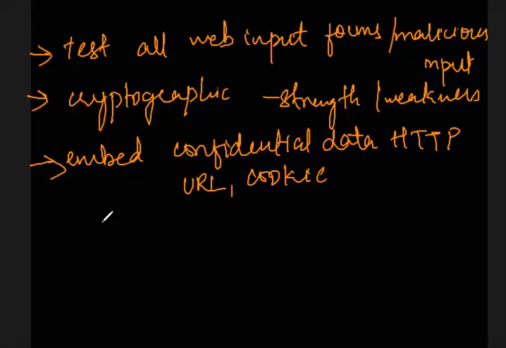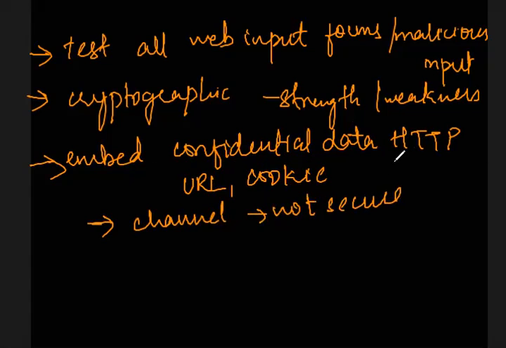Now why should you not have this data? Because if the channel that is used for accessing the specific website is not secure, then all of this confidential data that you are embedding within the HTTP URLs or cookies is present in the form of plain text, and the attacker will be easily able to access the data.